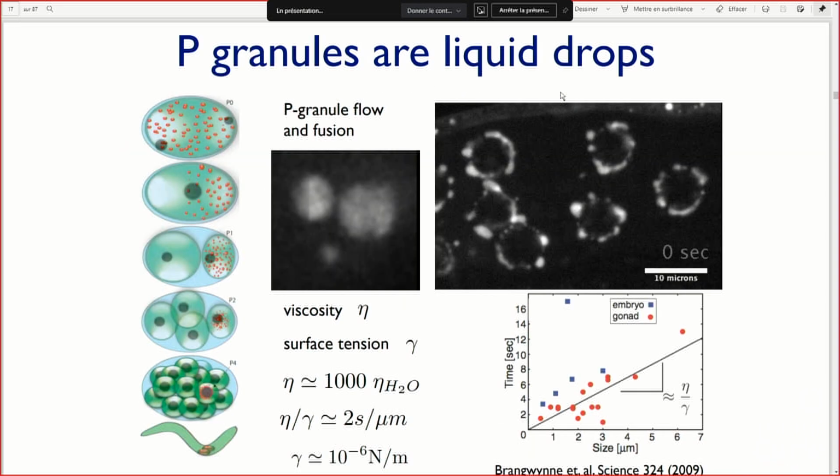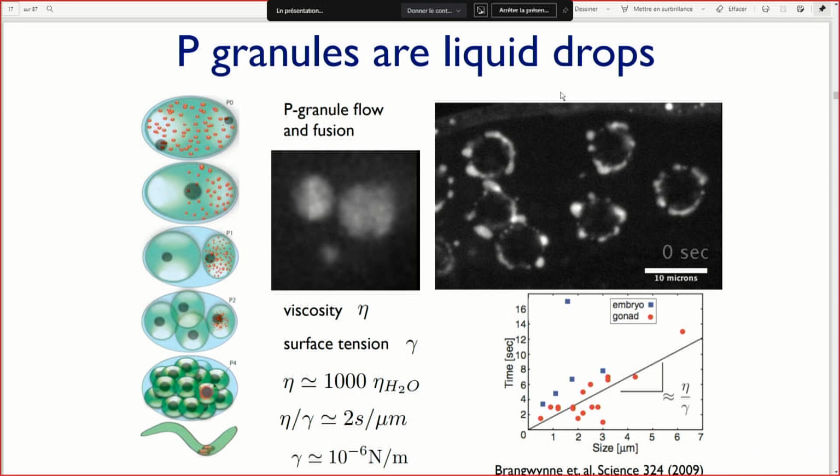Now, the physics of droplets and liquids can also be observed in living systems. In this C. elegans model, since these P granules exist in the germline of the adult worm, one can look in the germline and find these P granules wetting the cell nucleus. Here you see cell nuclei, which are wet by these droplets, which are fluorescently marked.